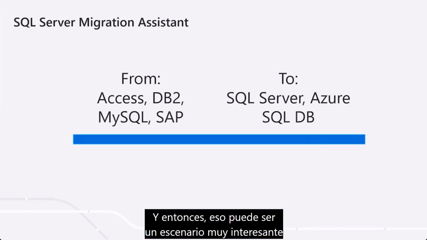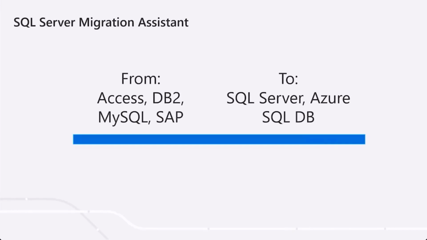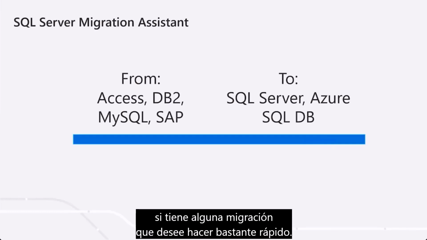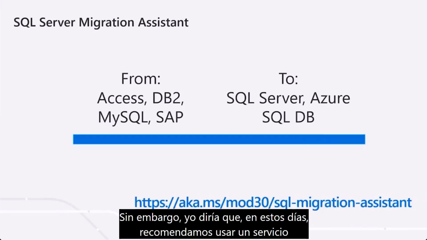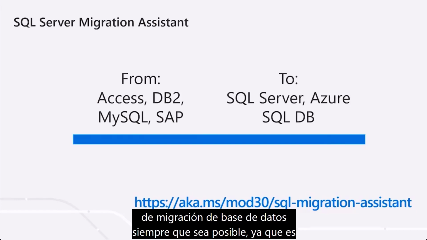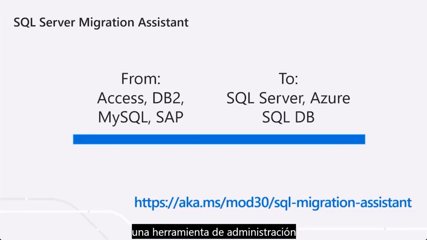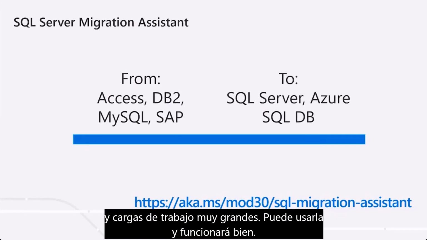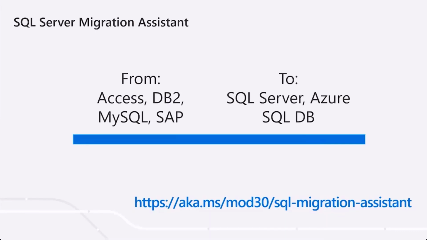That can be a very interesting scenario if you have some migration that you want to do pretty quickly. However, these days we recommend using the Database Migration Service whenever possible, because it is really a managed migration tool, and even for very large workloads you can use it, and that's going to work just fine.